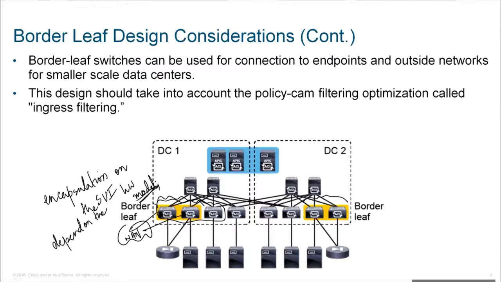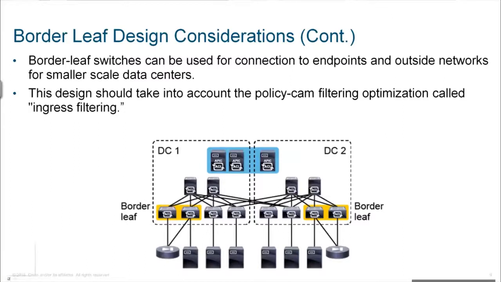Now, if I typically use the same SVI on two or more border leaves, what actually happens is, suppose this was not a firewall, and I had three devices connecting, routing, layer 3, to a WAN router.